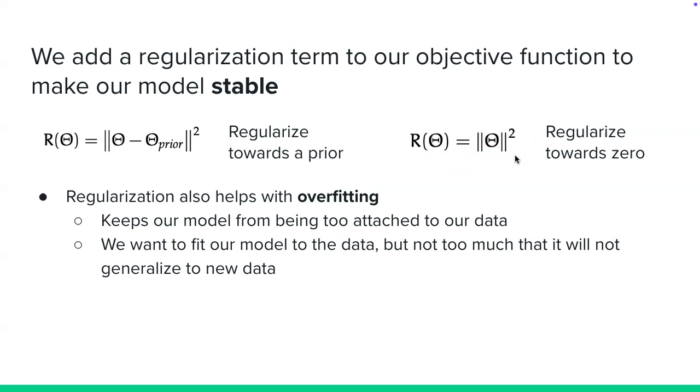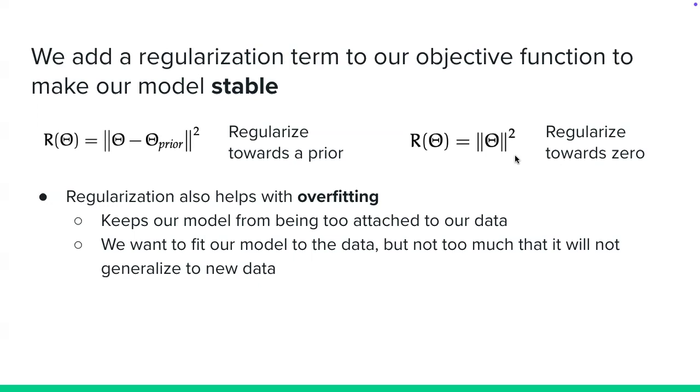And what is overfitting? Overfitting helps our model from being too attached to our data. So we do want our model to fit our data, but we don't want it to fit our data too much that it's not going to generalize to new unseen data.